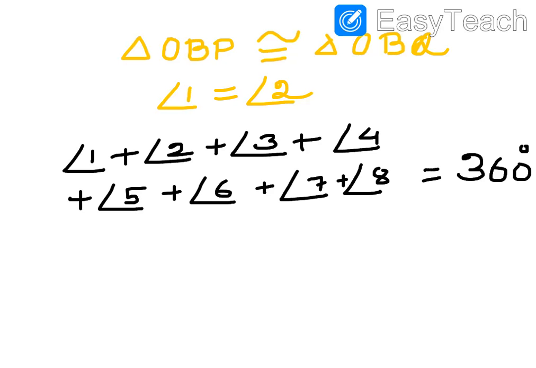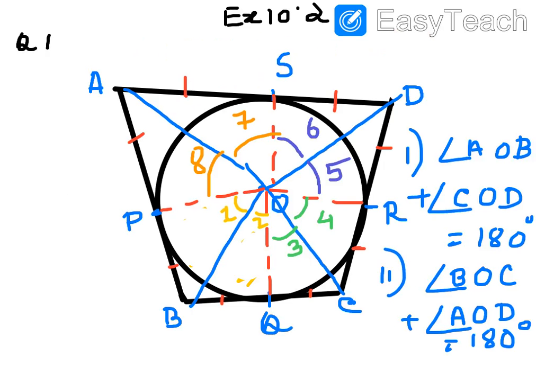Now you can see that if I write angle 1 instead of angle 2, angle 4 instead of 3, angle 5 instead of 6 and angle 8 instead of 7, then it will take this form.